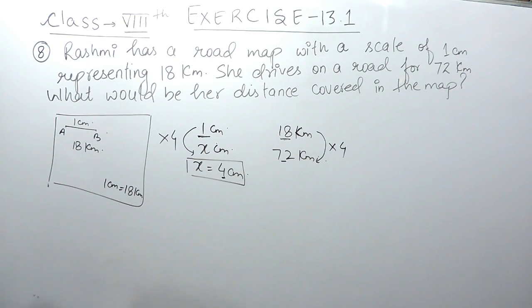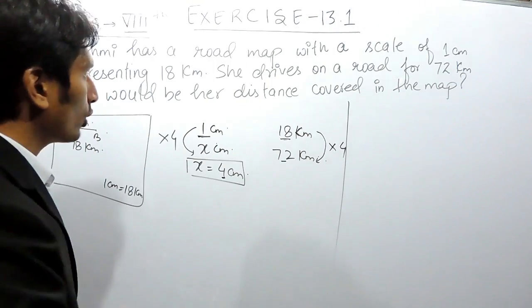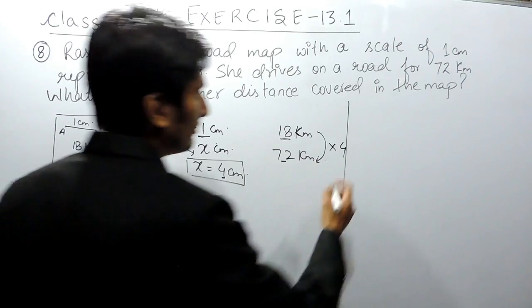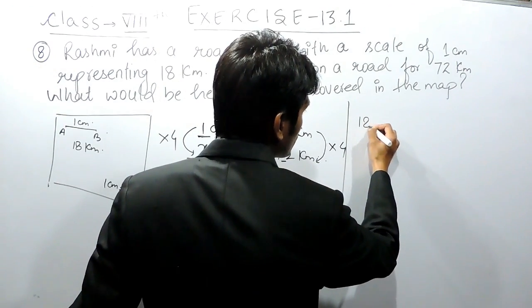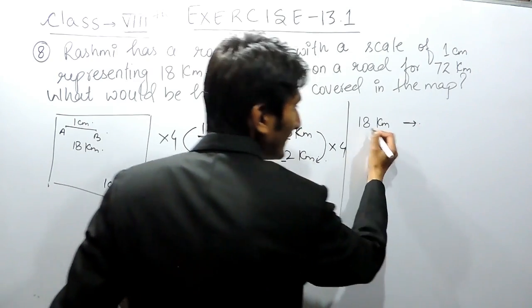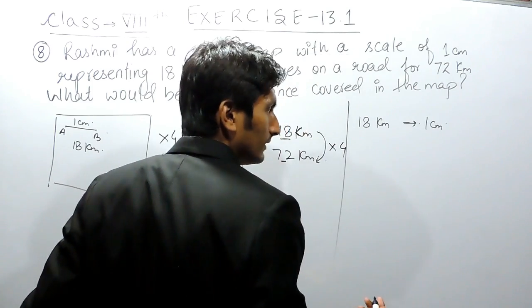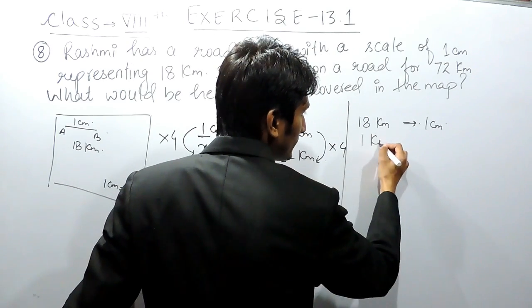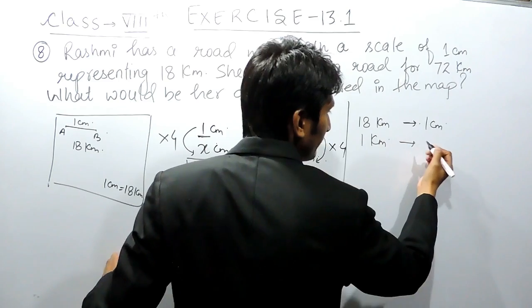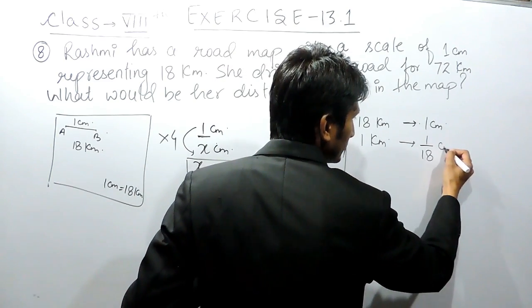There is another way of solving this which we were taught in schools, that when in actual she is traveling 18 kilometers, on the map she is traveling 1 centimeter. Traveling 1 kilometer on the road she will obviously be traveling less on the map, so this should be divided by 18.